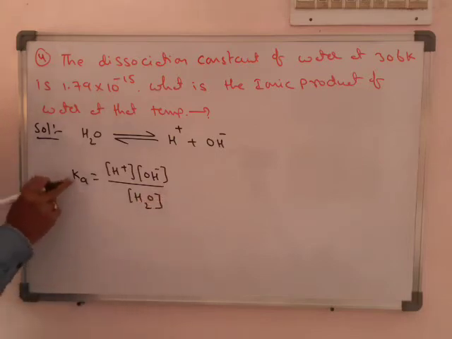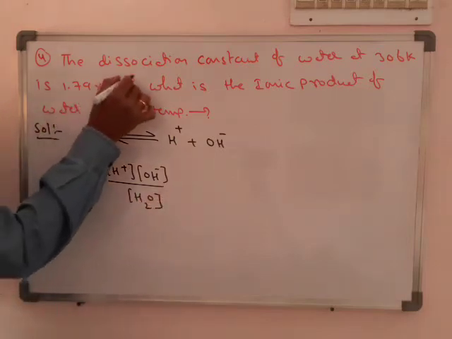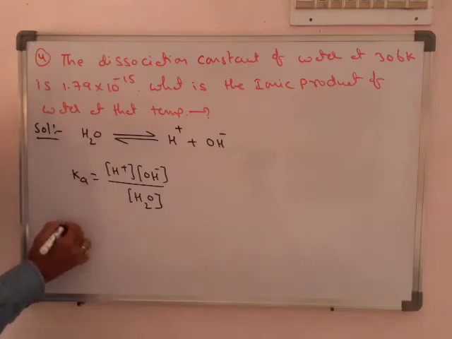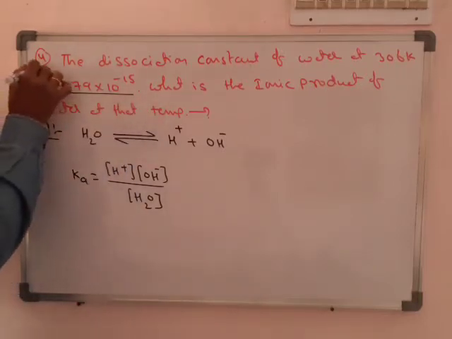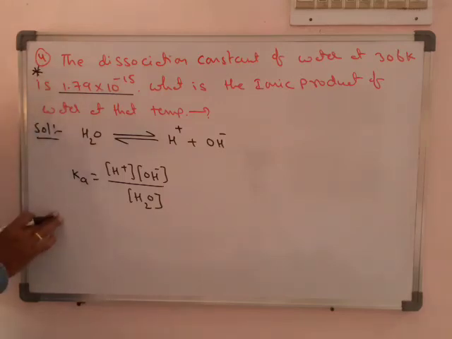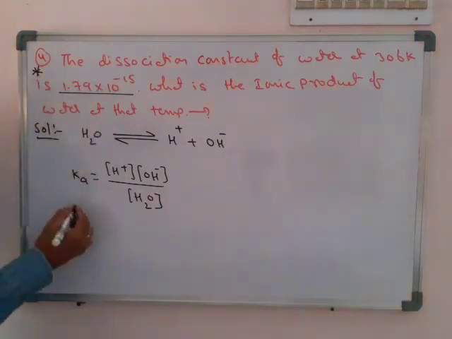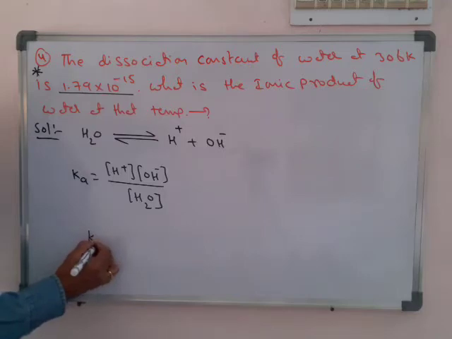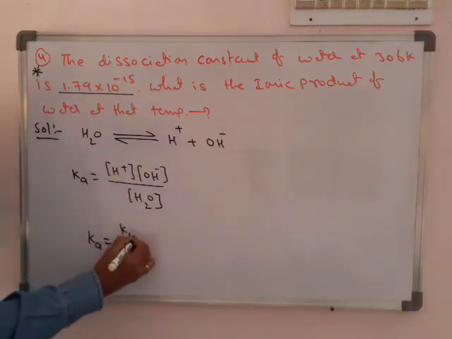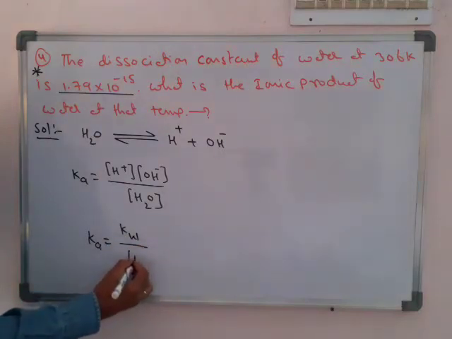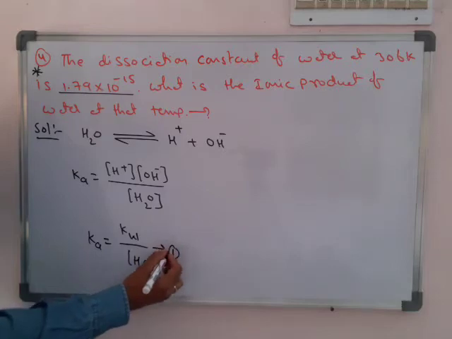The dissociation constant is given, so here the given value K is 1.79 into 10 power minus 15. This is a somewhat important problem compared to others because there is some confusion. So K equals, in the place of H plus into OH minus, we can write Kw, divided by H2O. So just take it as equation 1.